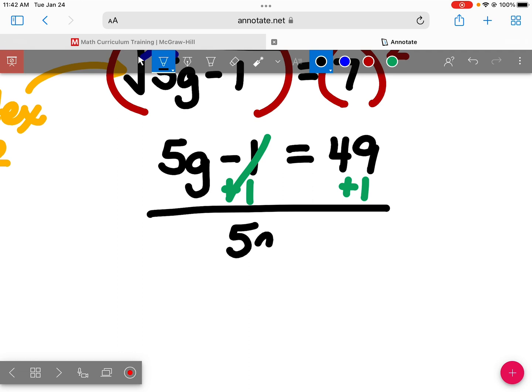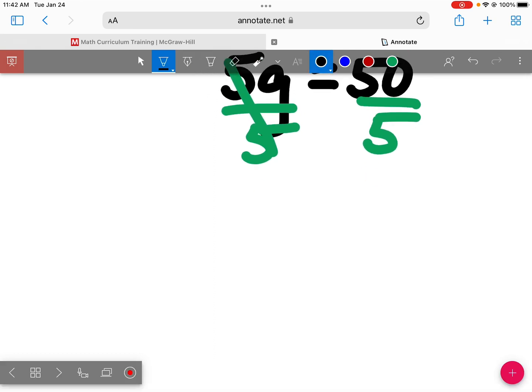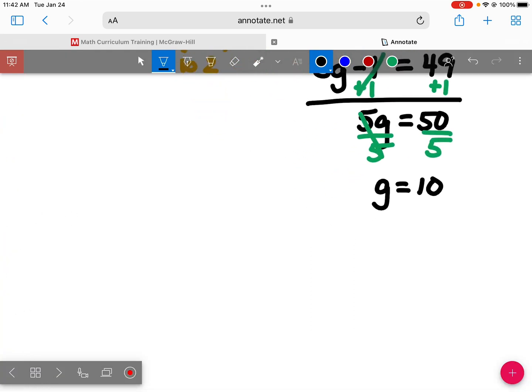So I have 5g equals 50. Divide both sides by 5, so g is how much? G is 10. How am I going to determine whether that is a valid or an extraneous solution? Plug it back in, so let's check this.